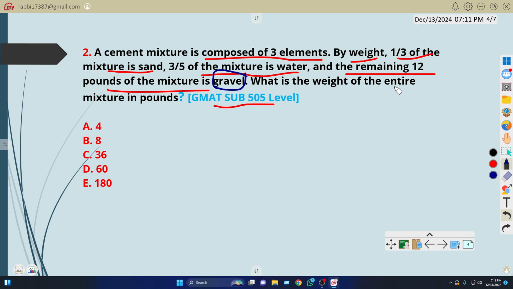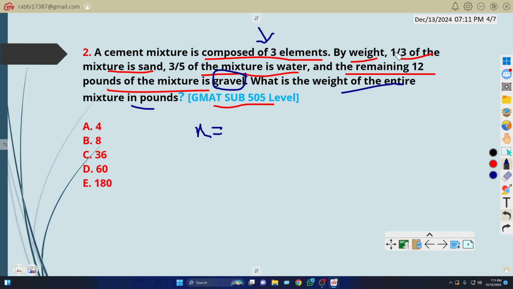What is the weight of the entire mixture in pounds? We don't know the weight of the mixture, so we imagine a value, which is x. X is the weight of the entire mixture in pounds, and there are 3 elements.